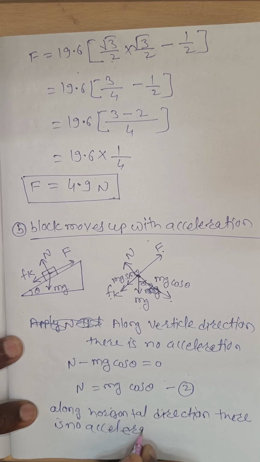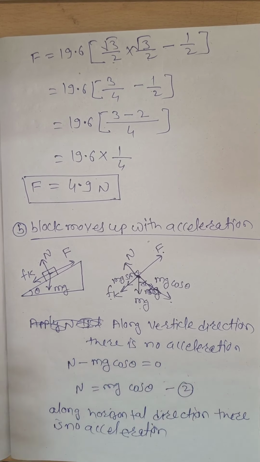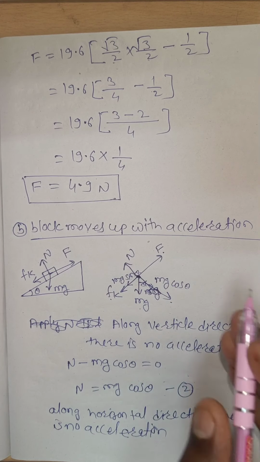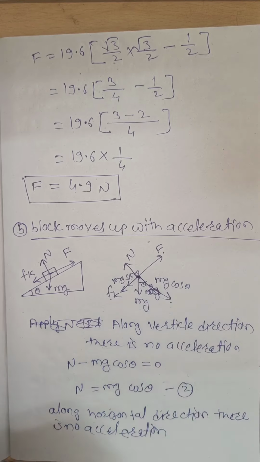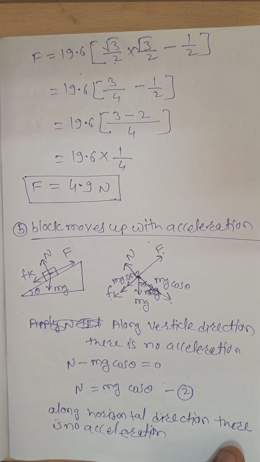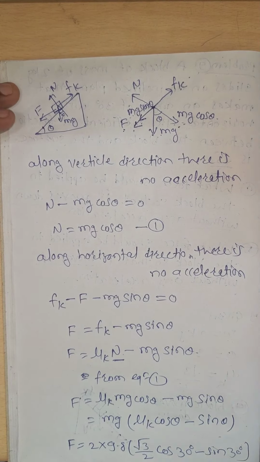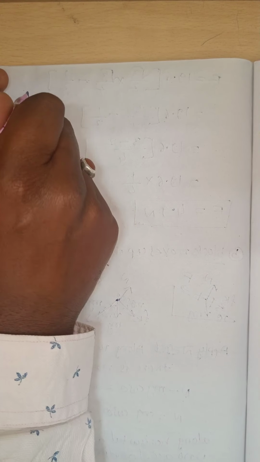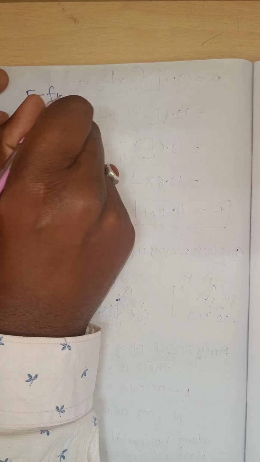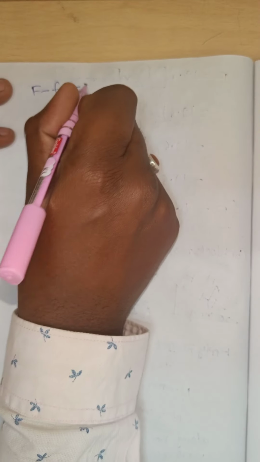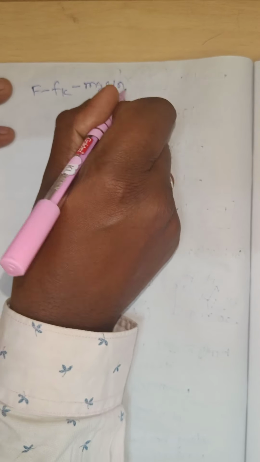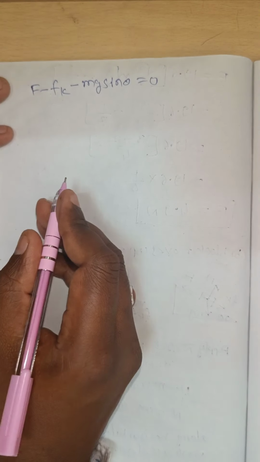Therefore F is positive, and fk and mg sin theta are in the negative direction. Therefore F minus fk minus mg sin theta is equal to 0.